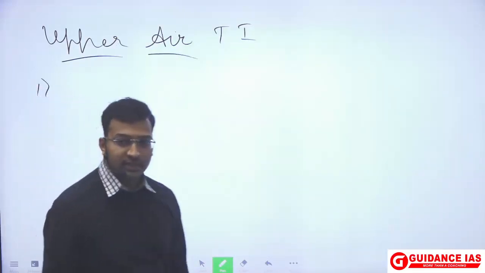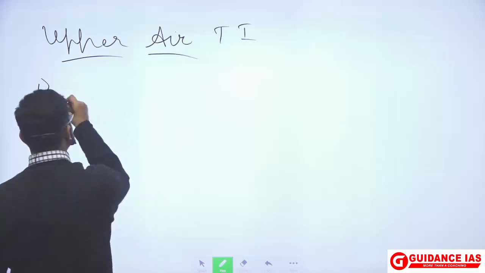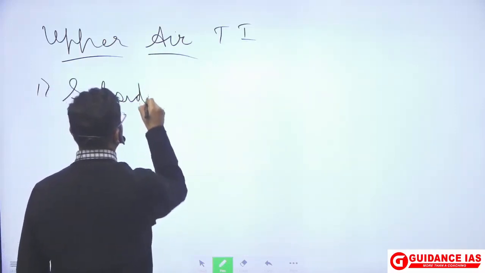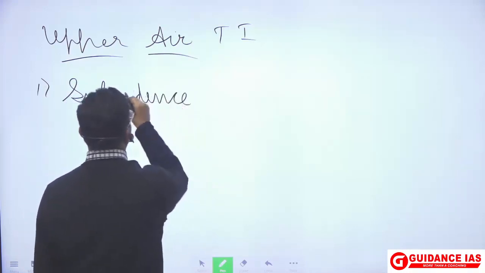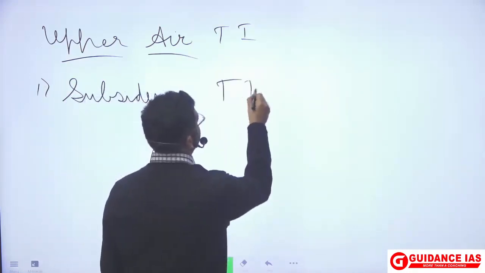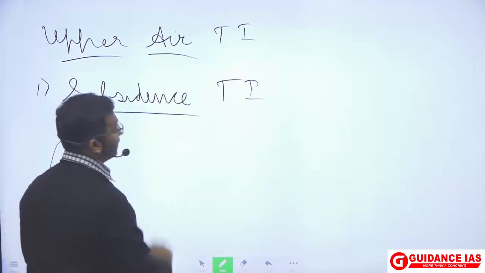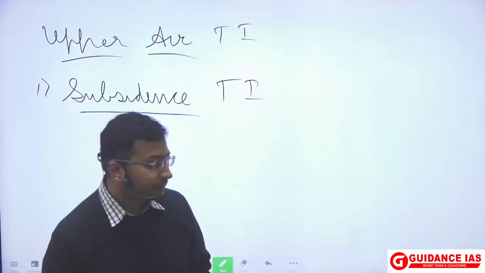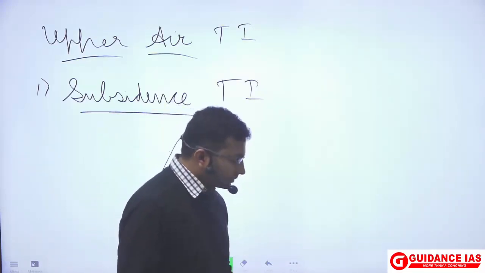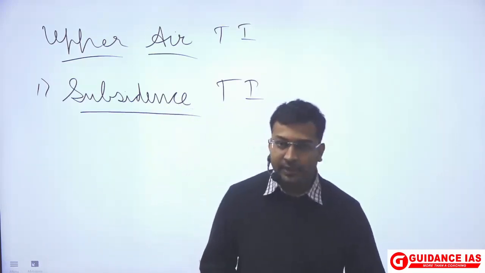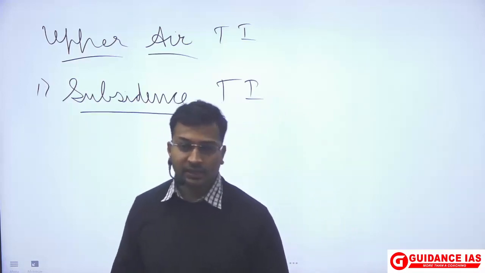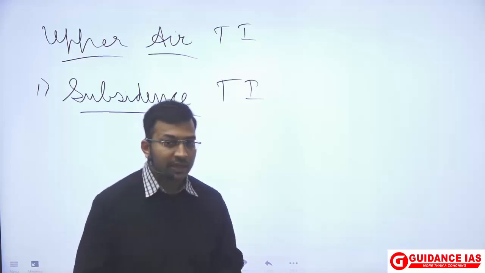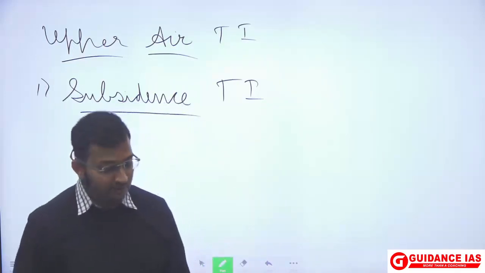The first one is the subsidence temperature inversion. Let's understand this temperature inversion in detail. Being an upper air inversion, it occurs at a certain height from the ground surface, as I've explained earlier.